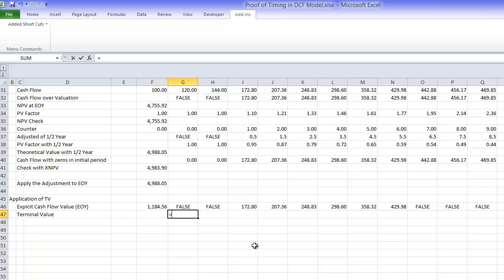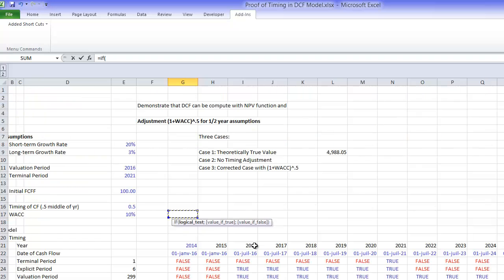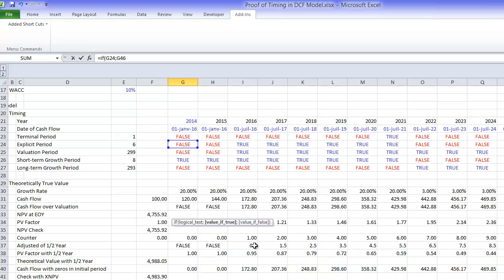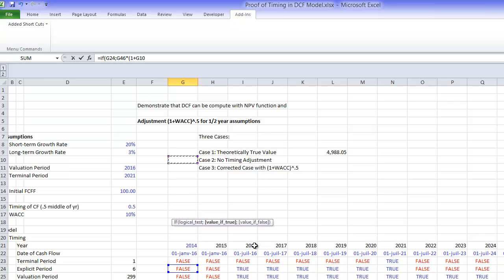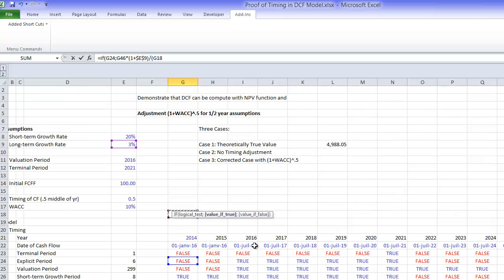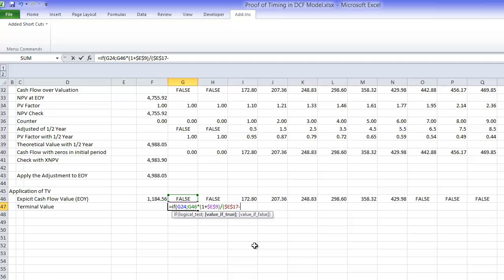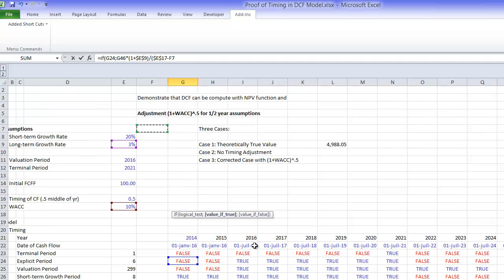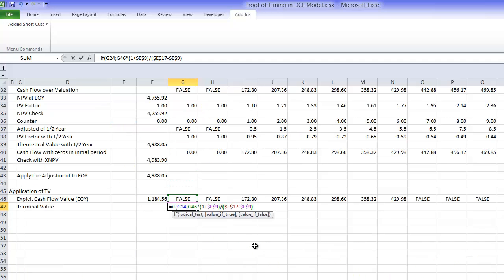So for the terminal value, here's the trick. We first take it if it's not the terminal period, but explicit period. We'll show you that. And if it's the explicit period, then we're going to take our cash flow and multiply that by 1 plus the growth rate, the terminal growth rate. And I can see people saying I should have used a little bit of a range name here for the growth rate and terminal value just to see what it is.